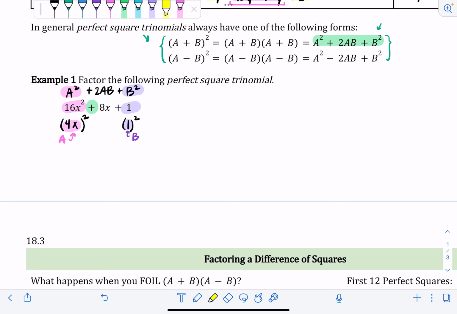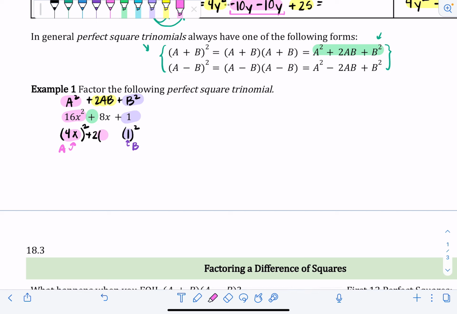And then now in the middle, this is supposed to be 2 times a times b. So it'd be plus 2. That's a part of the formula. And then next is supposed to be a, which my a was right here. It's 4x, so 4x. And then next is supposed to be b, so times 1 at the end. And then I'm going to scooch this little guy over because I got a little cramped.